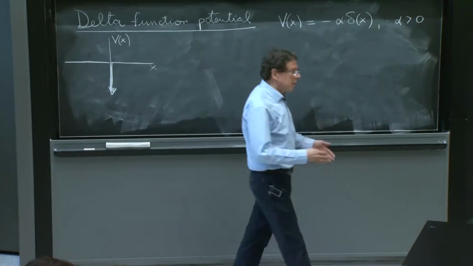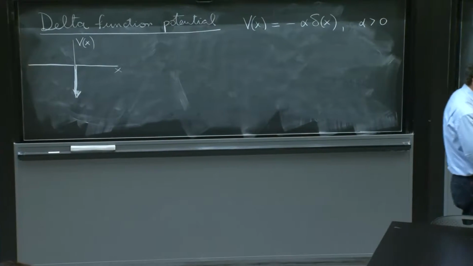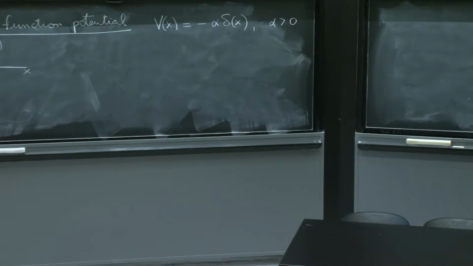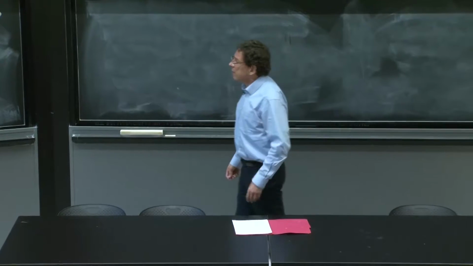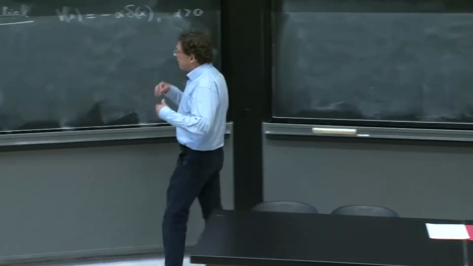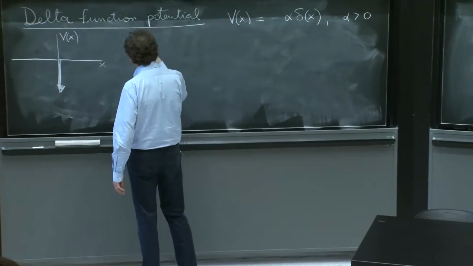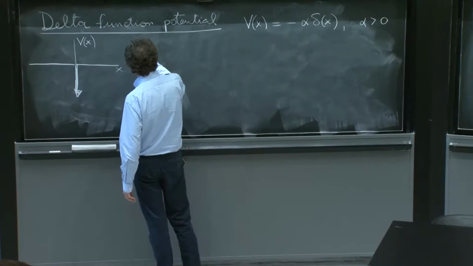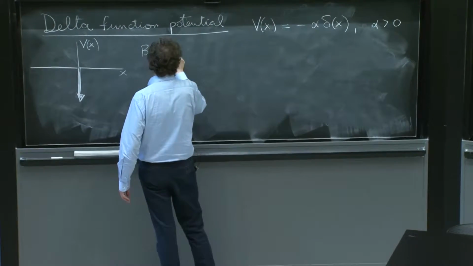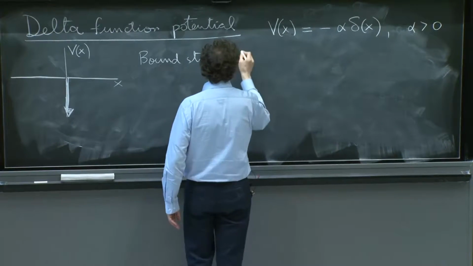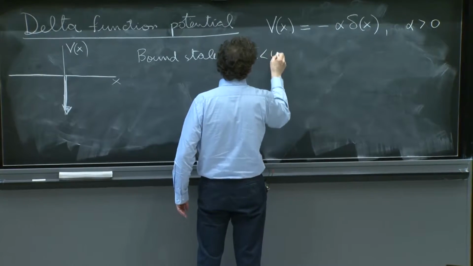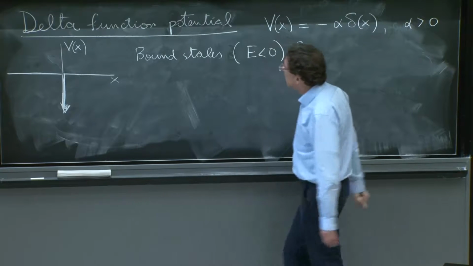And there are all kinds of questions we can ask. Are there bound states? What are bound states in this case? Energy eigenstates with energy less than 0. So bound states, which means E less than 0, do they exist?